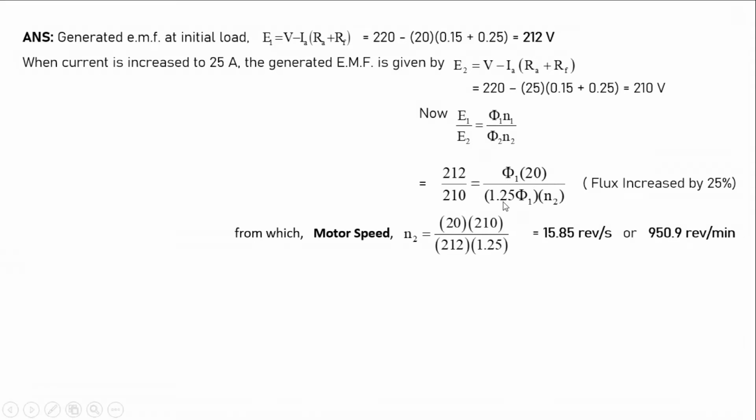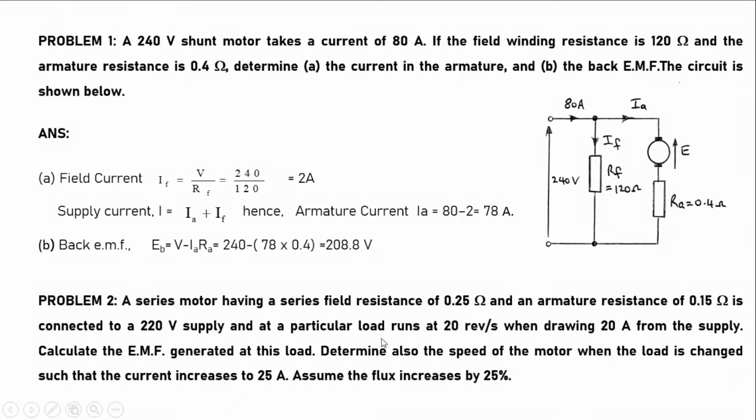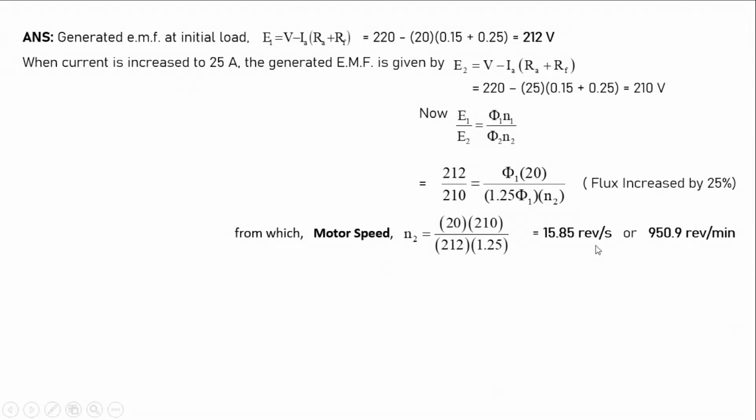When phi2 is there, it is given that the flux is increased by 25%. How can we substitute phi1 as I1 here? Phi1 as I, because in a series motor flux is directly proportional to current.